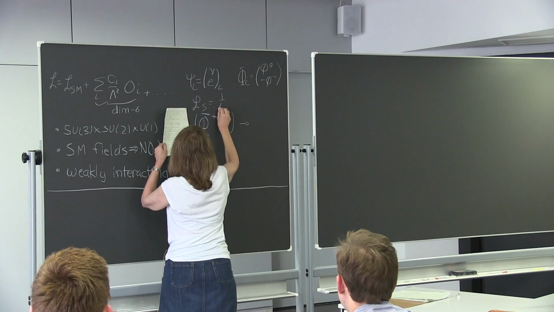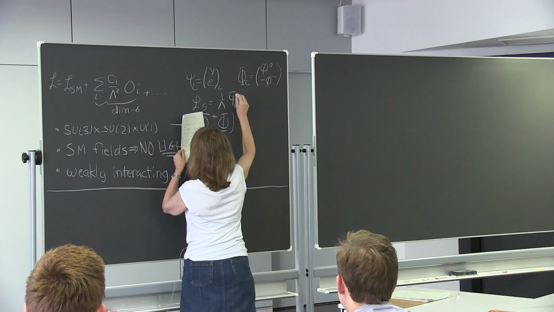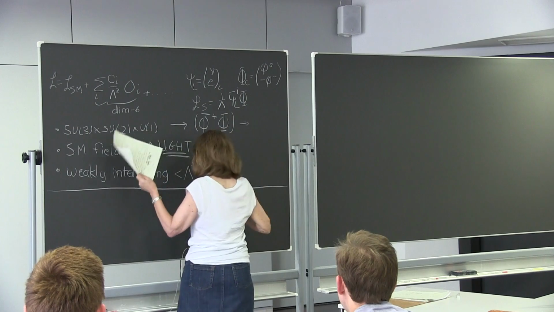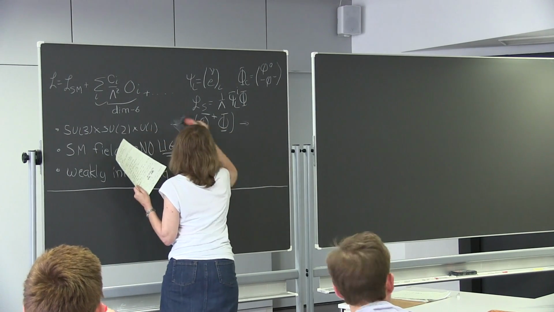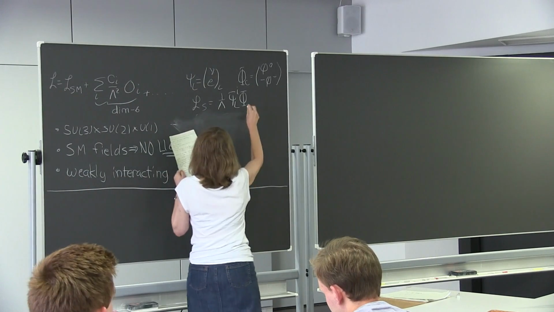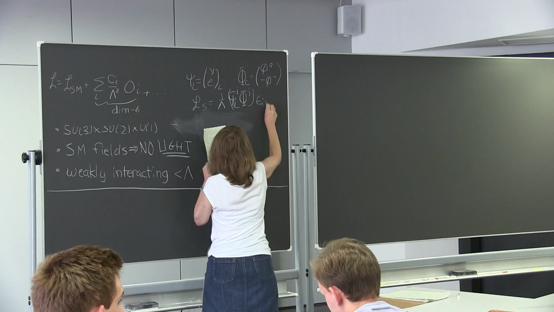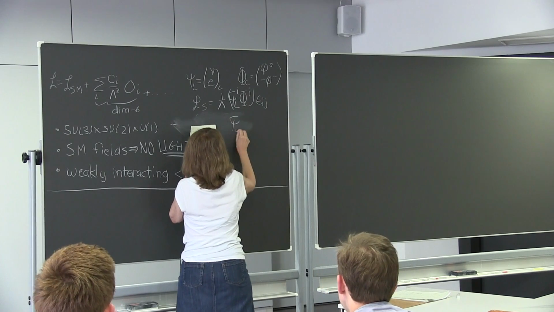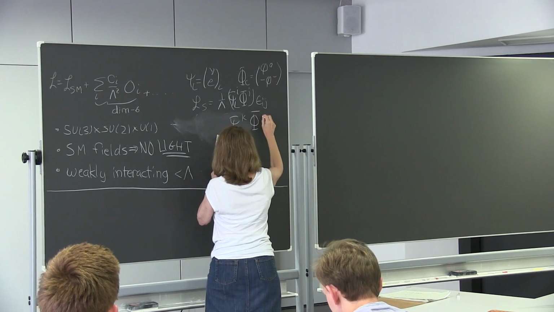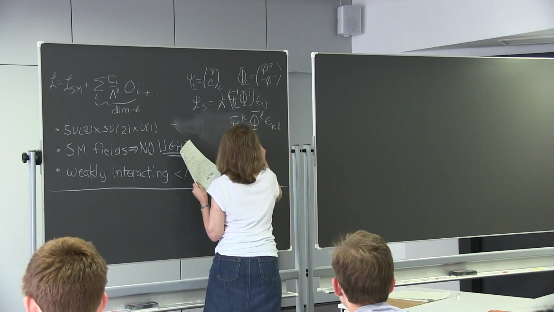1 over lambda, psi bar left, phi j, epsilon ij, psi bar left, k, phi left, epsilon k l plus Hermitian conjugate.